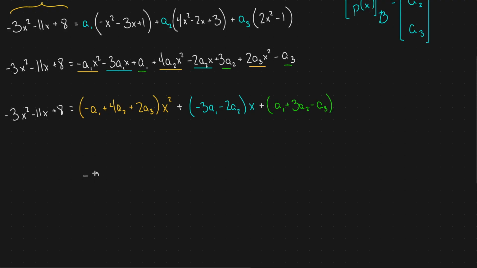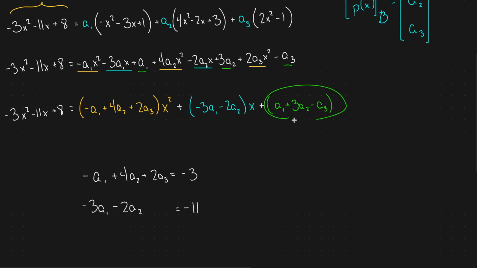So coefficient in front of x squared, negative A1 plus 4A2 plus 2A3 on the right-hand side of the equation must be equal to negative 3 on the left-hand side of the equation. Negative 3A1 minus 2A2 on the right-hand side of the equation has to equal negative 11, the coefficient in front of x on the left-hand side of the equation.